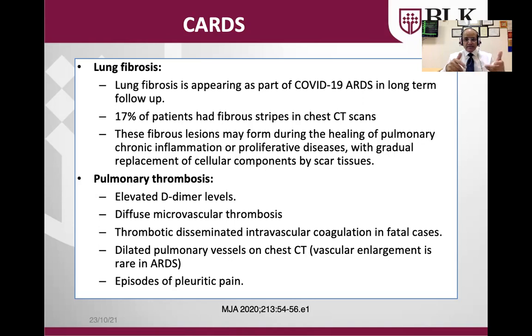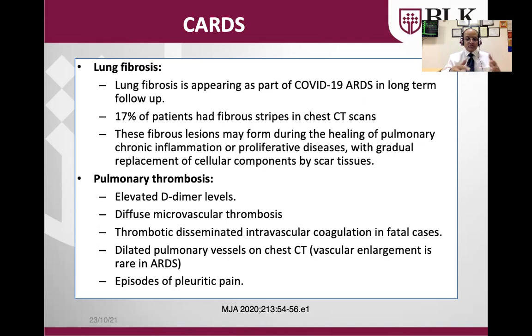And these fibrous lesions, once the healing starts, may gradually, because of chronic inflammation, with gradual replacement of cellular components by scar tissue, become permanent scars, permanent loss of the active physiological lung parenchyma.